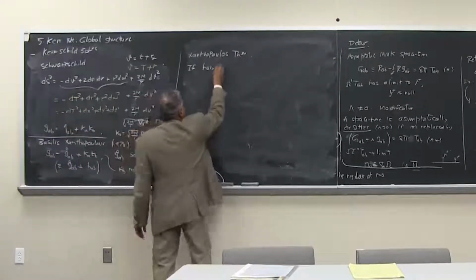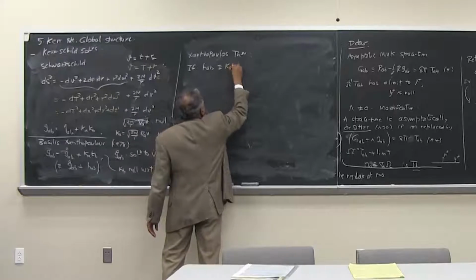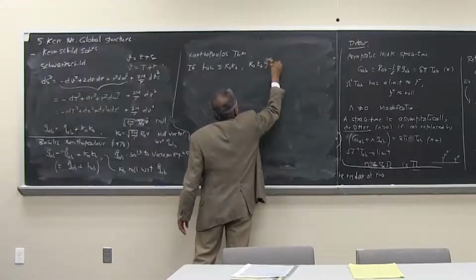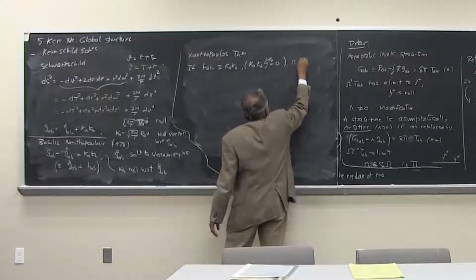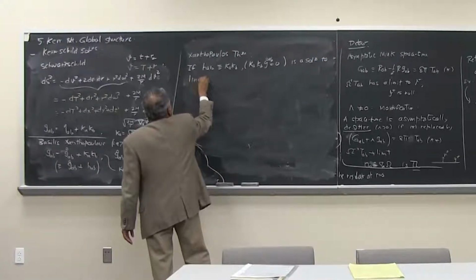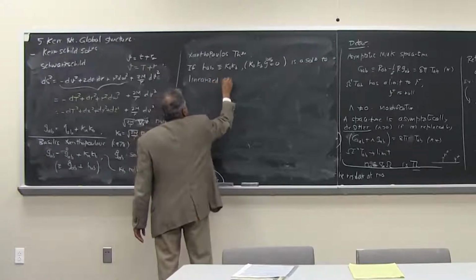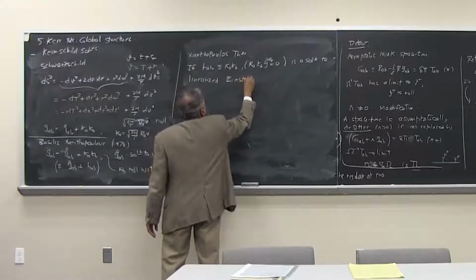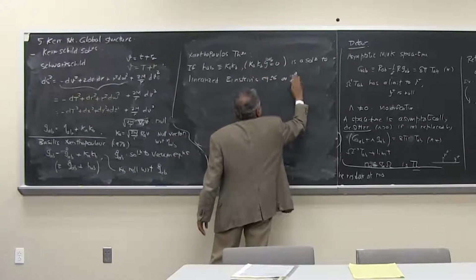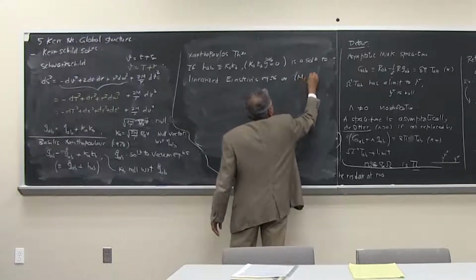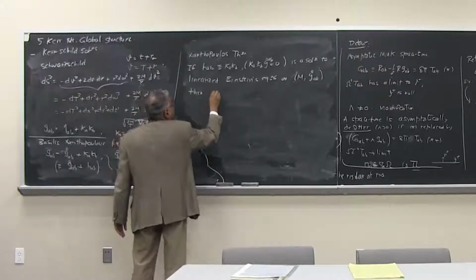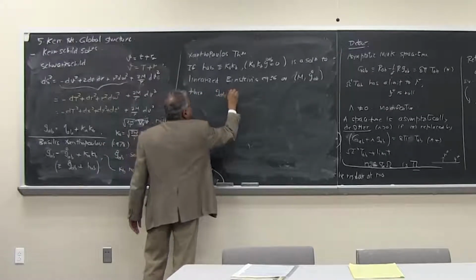So if HAB, KAB, zero, this is linearized on the manifold M with the metric G naught AB, then G is an exact solution.